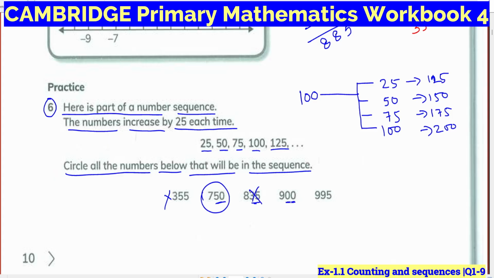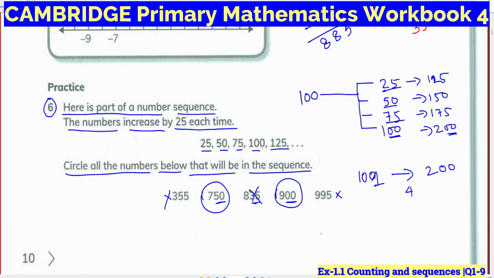90, it means the last digits 20. Look, it should be divisible by 25. So 900 can be drawn, and 995 it cannot, because from 100 to 200, or we can say 101 to 200, it's a pattern. Similarly, 25, 50, 75, and 00 in the ones and tens digits.